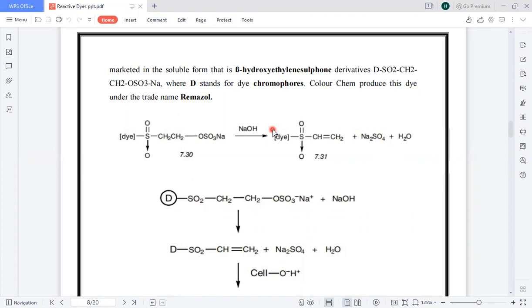So they react with the alkali sodium hydroxide and are converted into vinyl sulfone, the reactive system for the nucleophilic addition reaction.